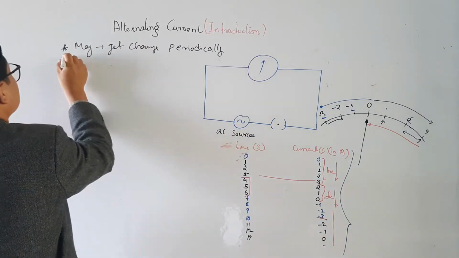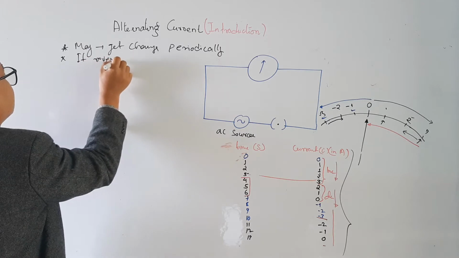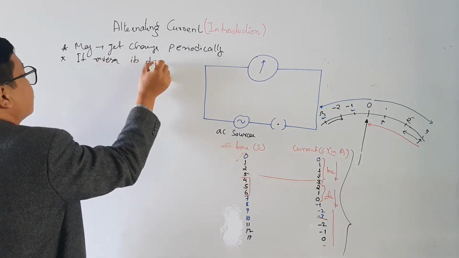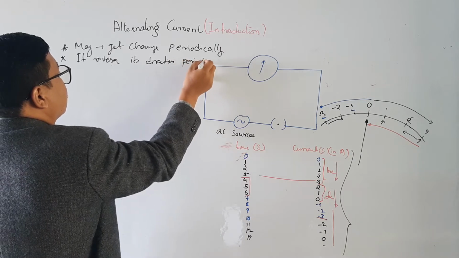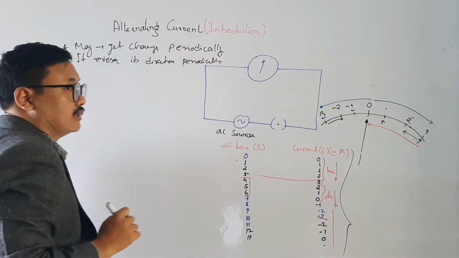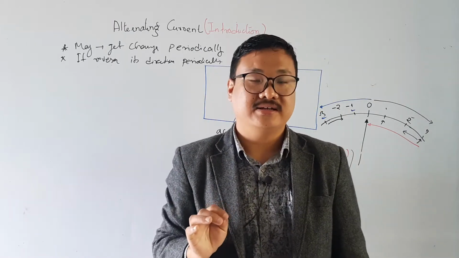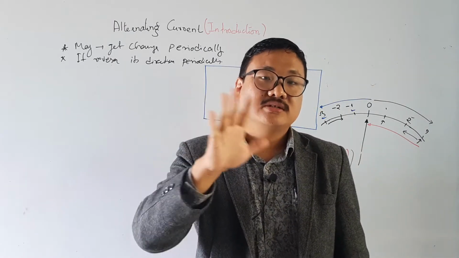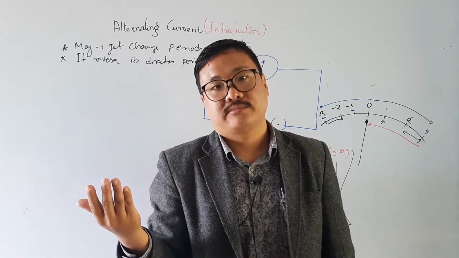And next is it reverses its direction periodically. So this is also very important. So there are 2 points which we should understand in alternating current: the direction will change, direction will reverse periodically.